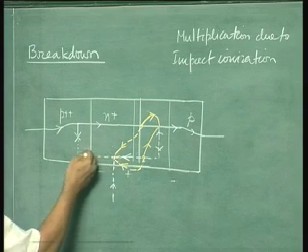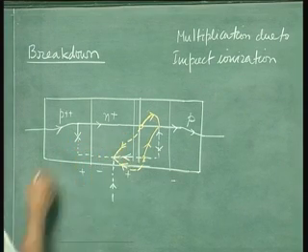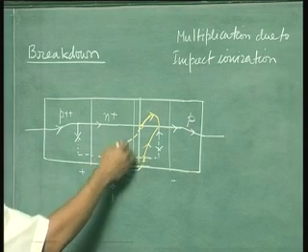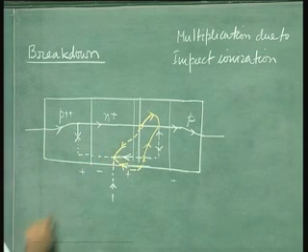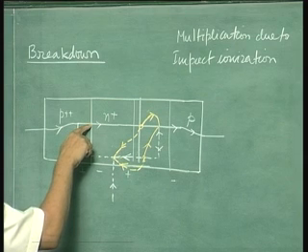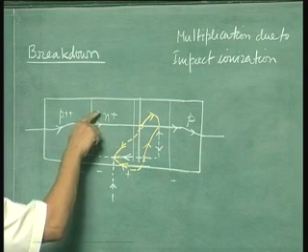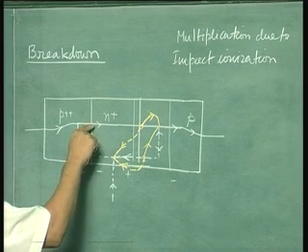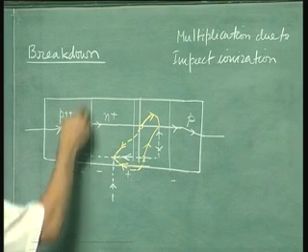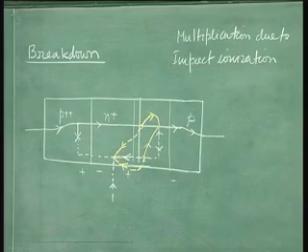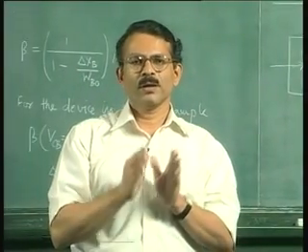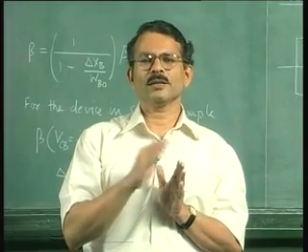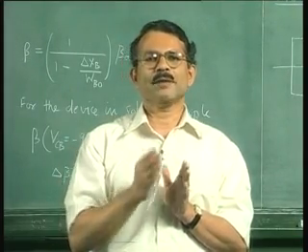Now since this current is increasing because of impact ionization, this electron current that is injected from base to emitter is increasing because of impact ionization in the collector. The whole current that is injected from emitter to base also increases, because you know the ratio of the whole current to electron current across a forward bias junction depends only on the ratio of the doping levels on both sides, and also on other parameters such as the diffusion coefficient, lifetime, and so on.